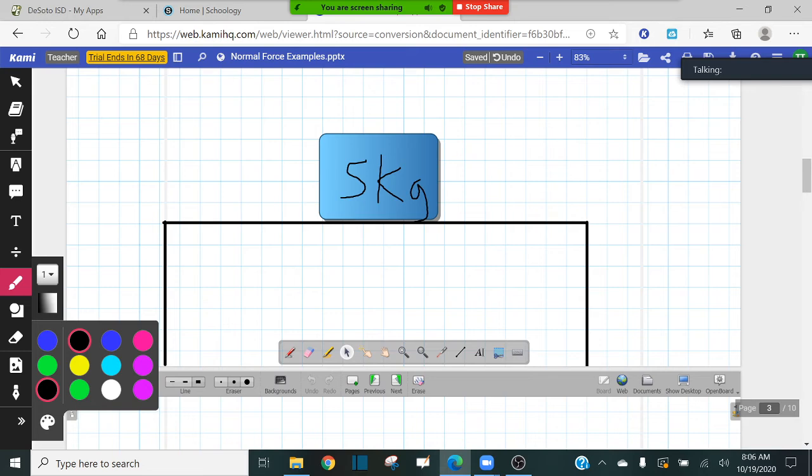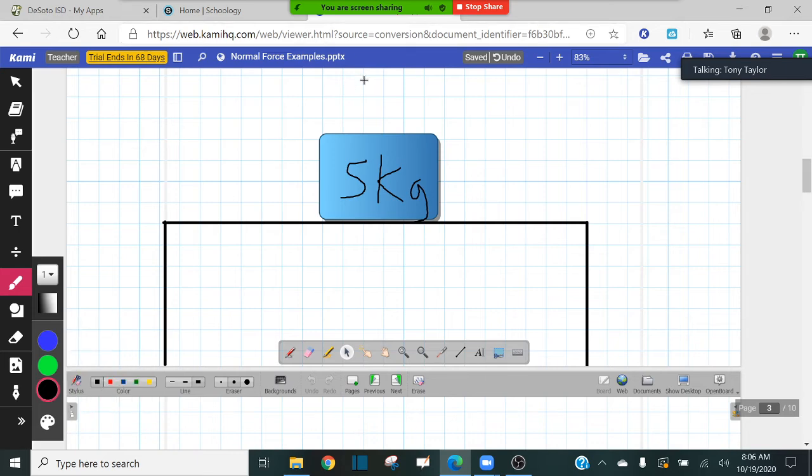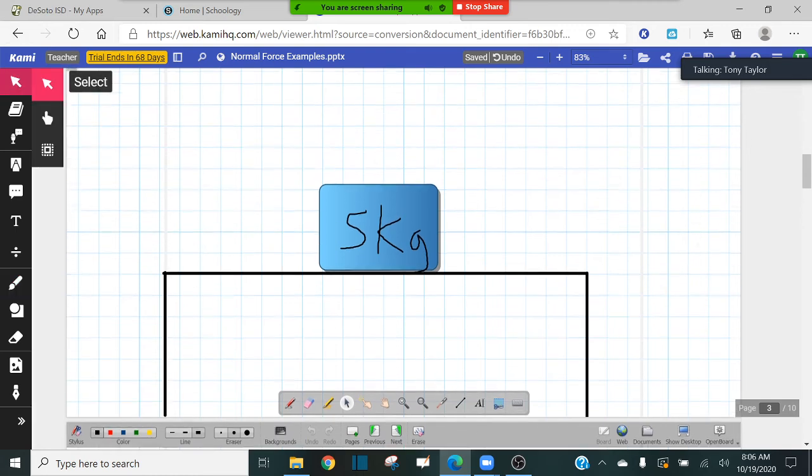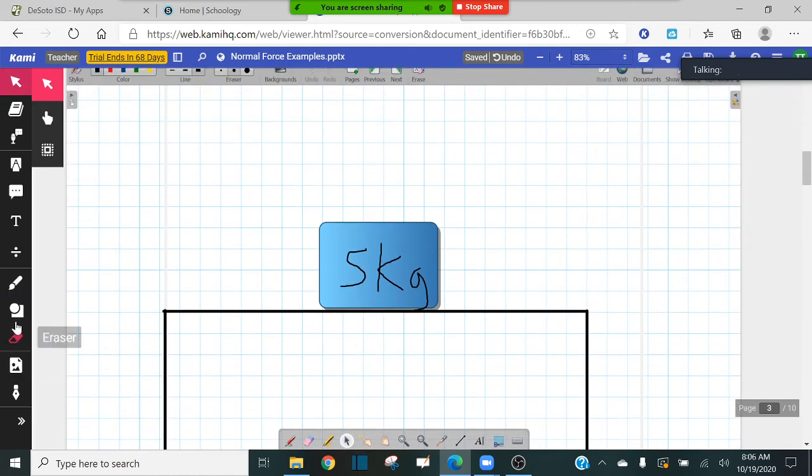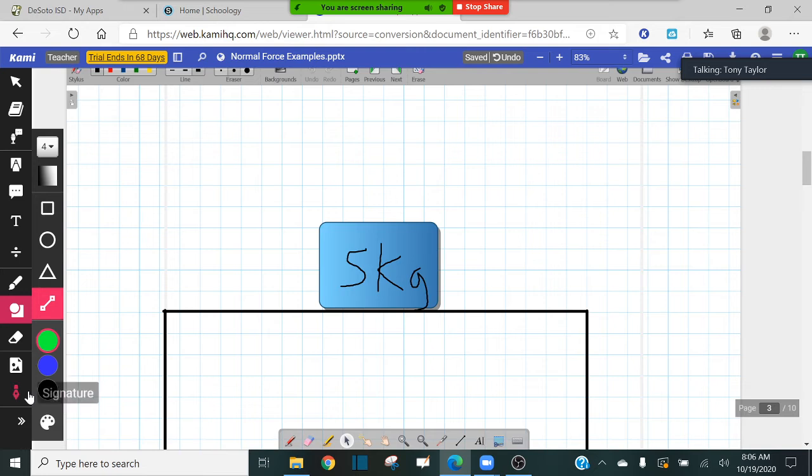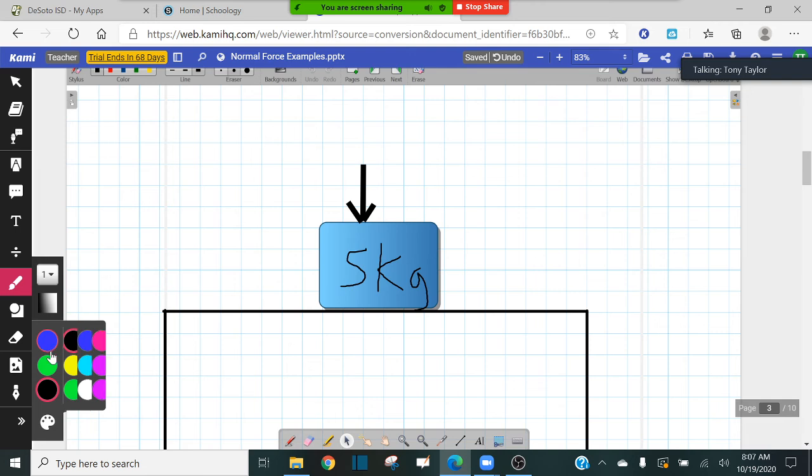Now, let us imagine that while the blue box is sitting on the table, someone comes along and decides to push down on the blue box with a force. Let me draw an arrow here. What if they push down on the blue box with a force that is 60 newtons?